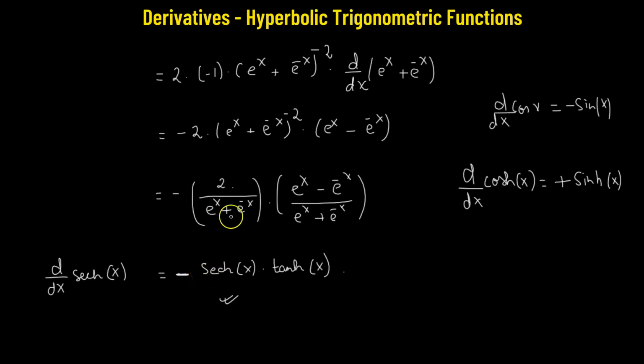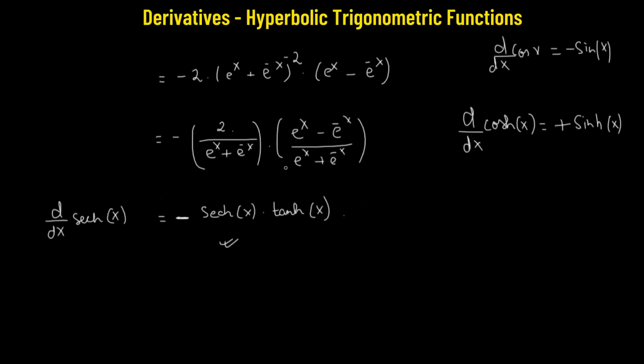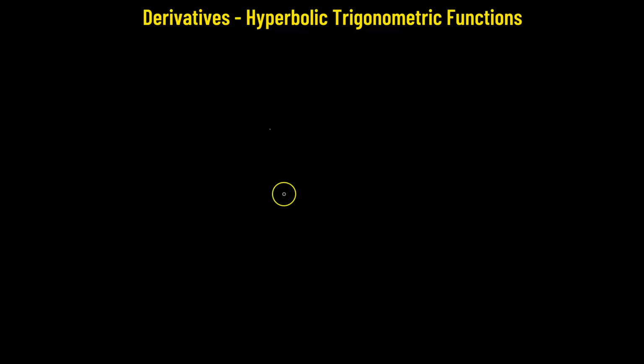Right. So now that we have covered the derivatives of all 6 hyperbolic trigonometric functions, next we need to talk about the inverse hyperbolic trigonometric functions. Before doing that, we need to cover one more thing. We have the hyperbolic sine function, given by e raised to the power of x minus e raised to the power of negative x, divided by 2.